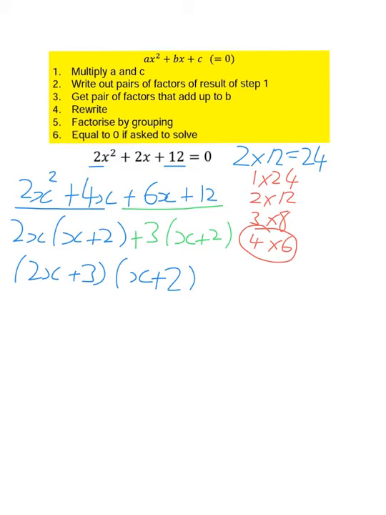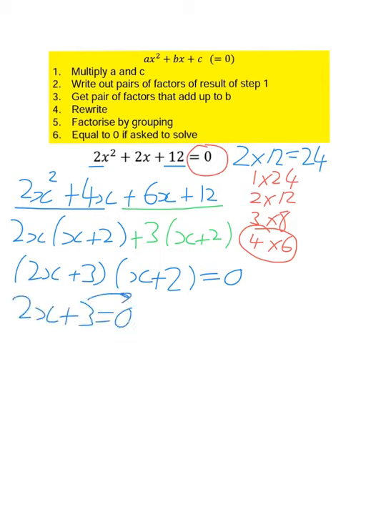Now, up to here has all been factorizing, but if the question has equal to 0, that means we need to solve it. So let's equal this to 0, and like before now, we equal the terms to 0. So the first bracket we have 2x plus 3, so 2x plus 3 equals 0.